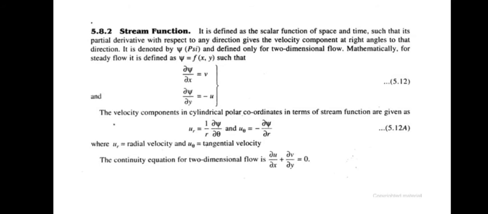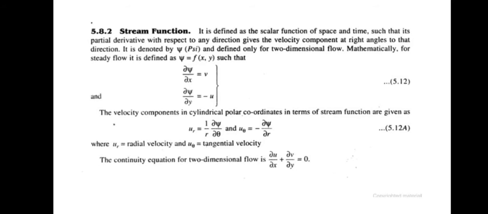It is defined only for two-dimensional flow. Mathematically, for the steady flow, psi is a function of x, y such that ∂psi/∂x is equal to v and ∂psi/∂y is equal to minus u. So that means the derivative of the psi function with respect to any direction gives the velocity in the perpendicular direction.